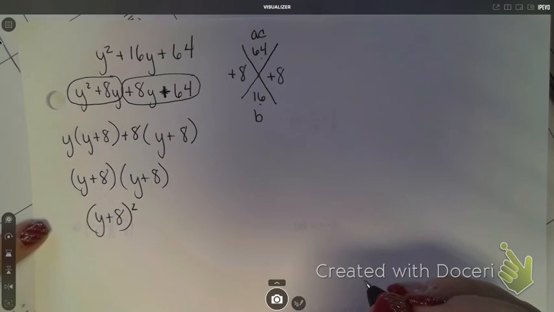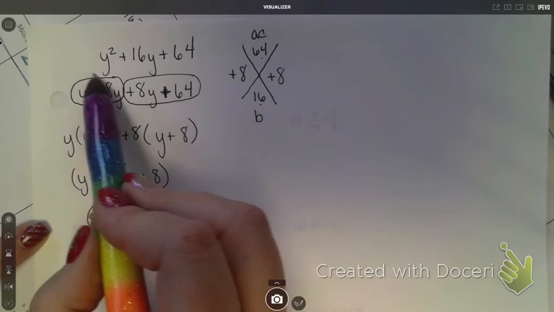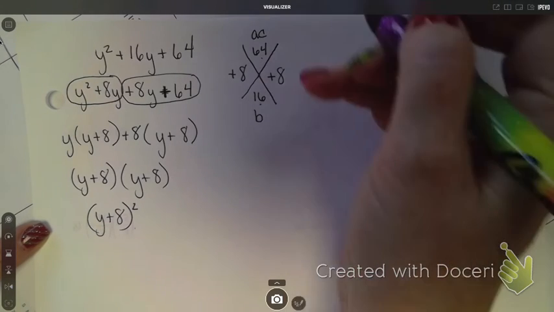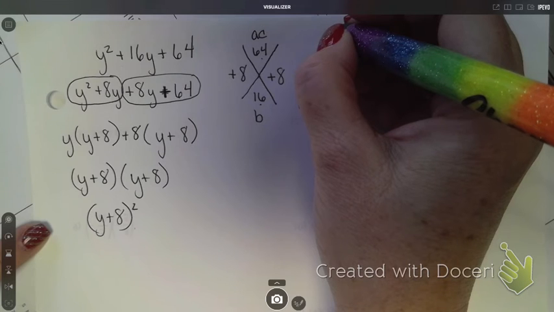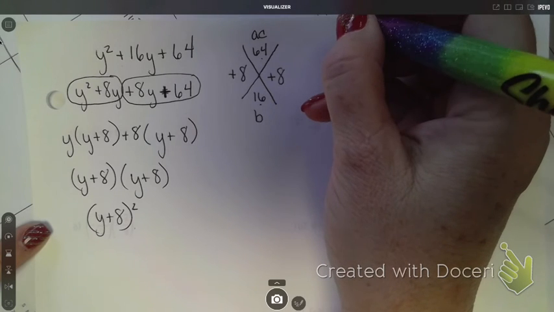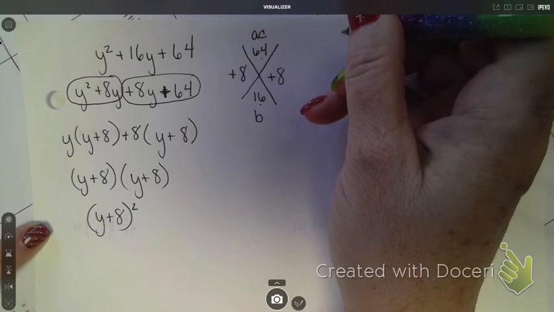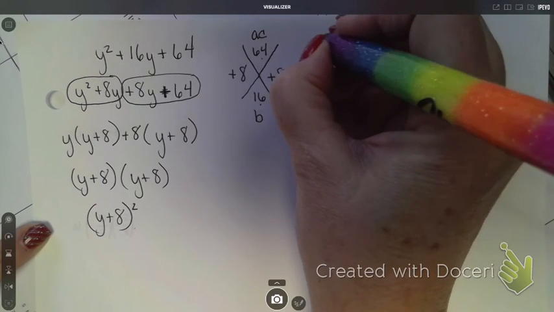Now, what we just had is called a perfect square trinomial, because I came out with something squared, didn't I? Yes.